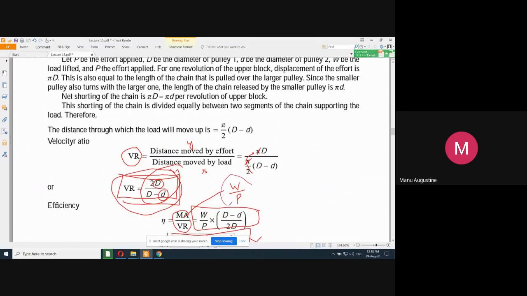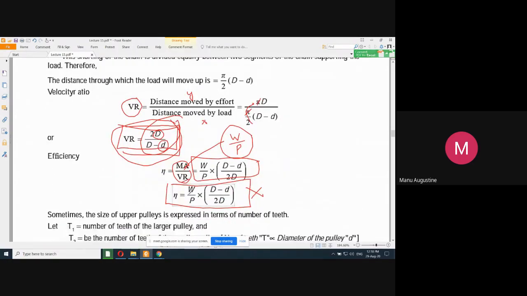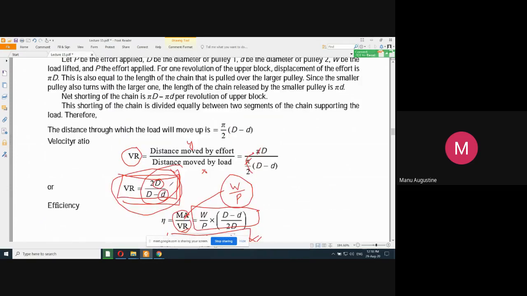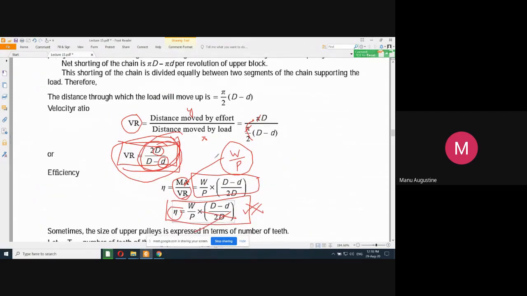Mechanical advantage is always going to be treated as W by P. You just divide mechanical advantage by velocity ratio and you will get the expression for efficiency. So this can be done when you are writing the exam itself. It will automatically come. The thing that you have to remember is the velocity ratio: 2 capital D upon capital D minus small d.